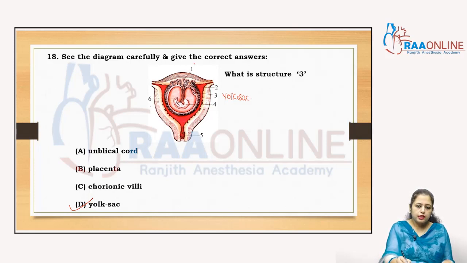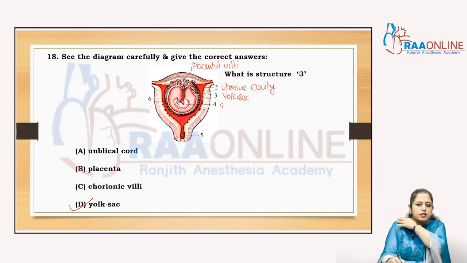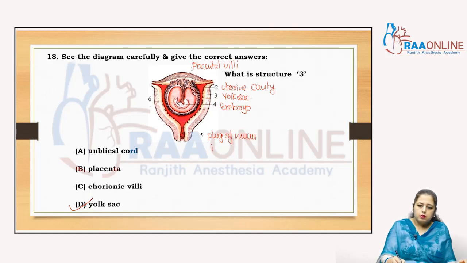What is that one? That is the placental villi. That two is the uterine cavity. That fourth one is the embryo. Fifth one is the plug of mucus in cervix.